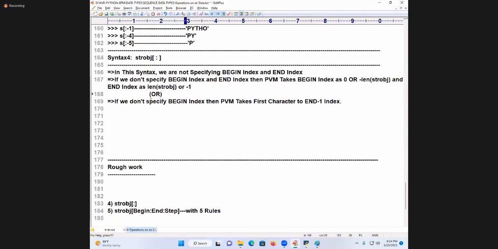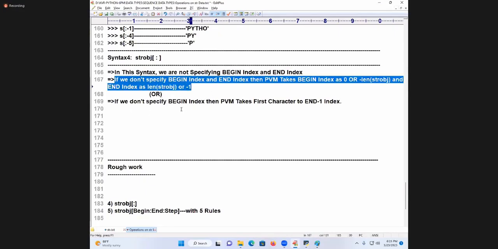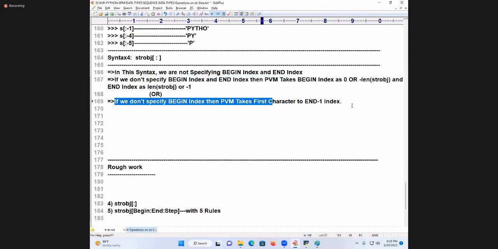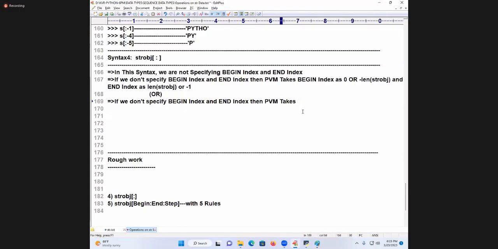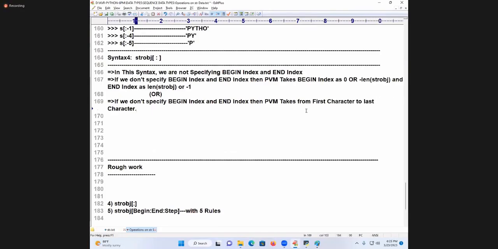Right. Now, if we don't specify begin index and then end index, I will write it completely, students. If we don't specify begin index and end index, then PVM takes from first character to last character.